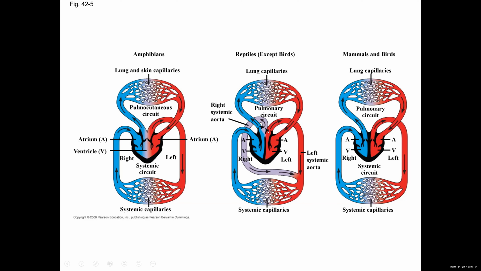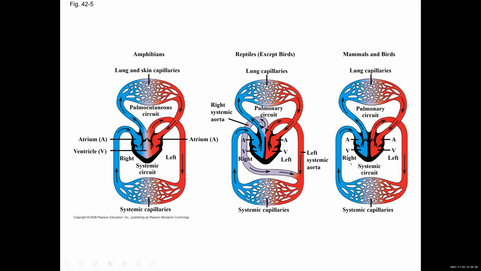So when we look here at reptiles, there's all kinds of goofy stuff going on. All I want you to know is that they still are considered to have a 3-chambered heart, that they actually are able to do a better job of oxygenating their blood compared to amphibians.